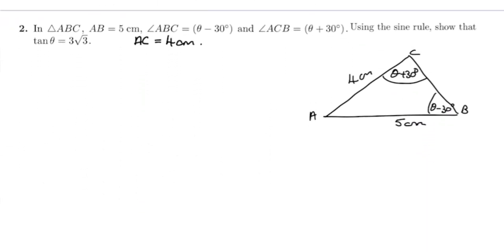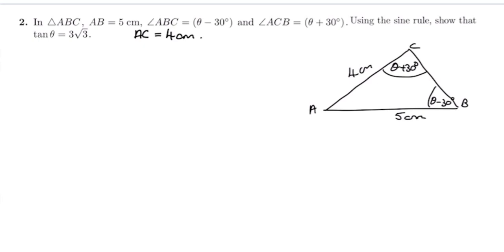Right, now the next one says, in triangle ABC, AB is 5, angle ABC is theta minus 30, angle ACB is theta plus 30. Using the sine rule, show that tan theta is 3 root 3 if AC is 4 centimetres. So the first thing I've done is I've drawn a diagram.